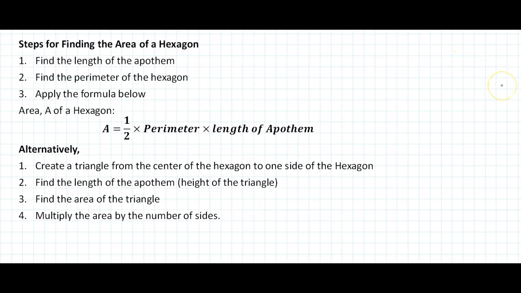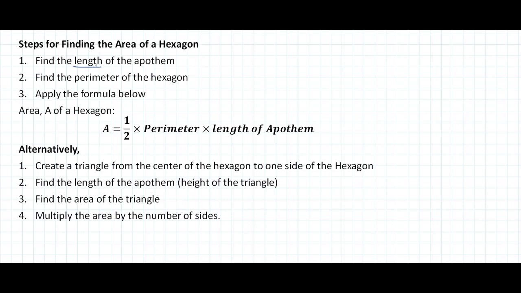So how do we go about finding the area of a hexagon? We want to first find the length of the apothem, then we want to find the perimeter of the hexagon. To find the length of the apothem, you want to understand some important properties of the polygon, and also apply your understanding of 30, 60, 90 triangles here as well.